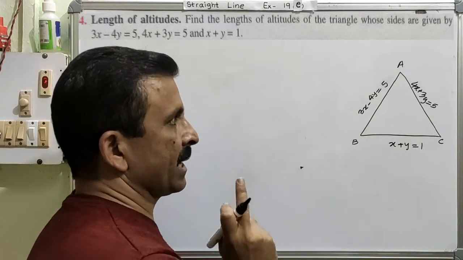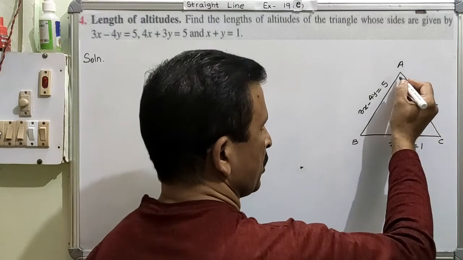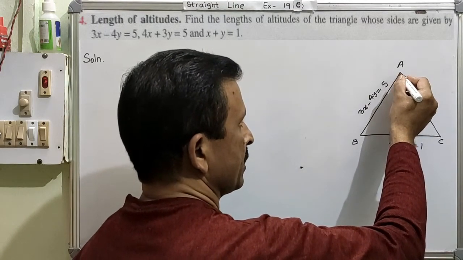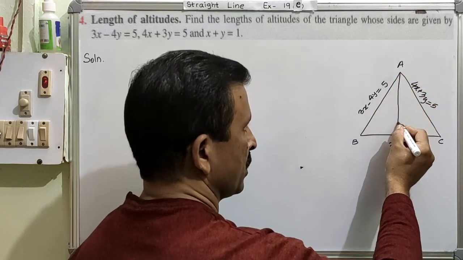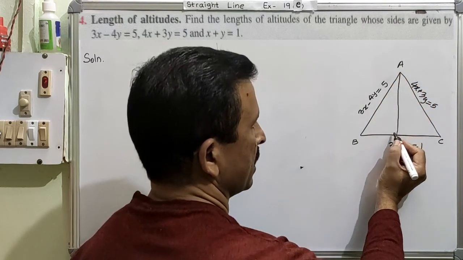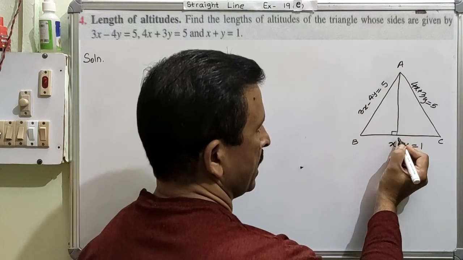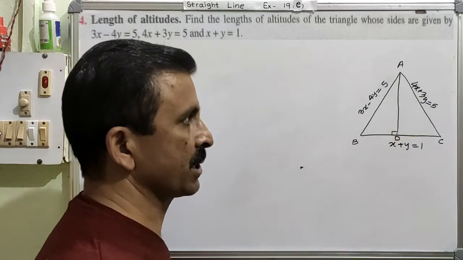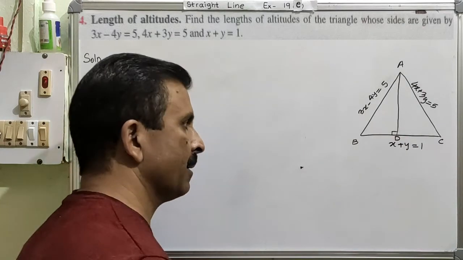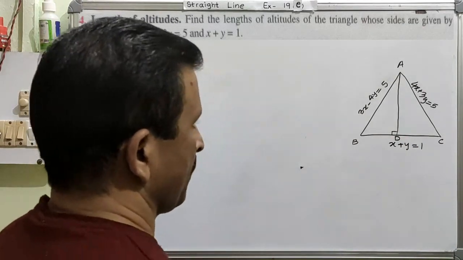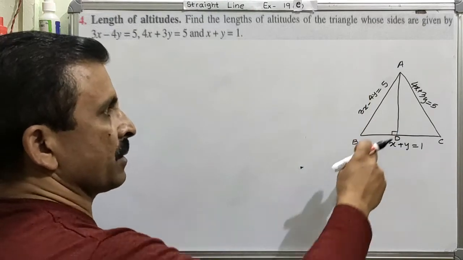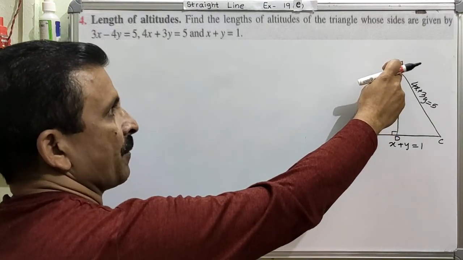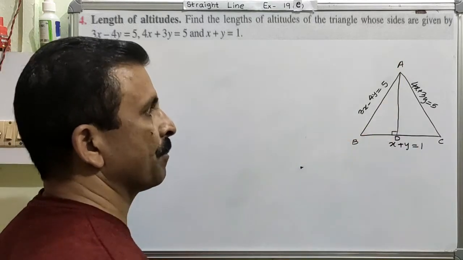Now we have to find the length of all the 3 altitudes. So let me show you the first altitude which we are going to calculate, from A on side BC. So this is the altitude whose length we are going to calculate. So name this point as D. I'm going to show you the calculation of the altitude AD. Clear? So let us see now. To calculate the length of altitude means we are going to find out the perpendicular distance of A from BC.